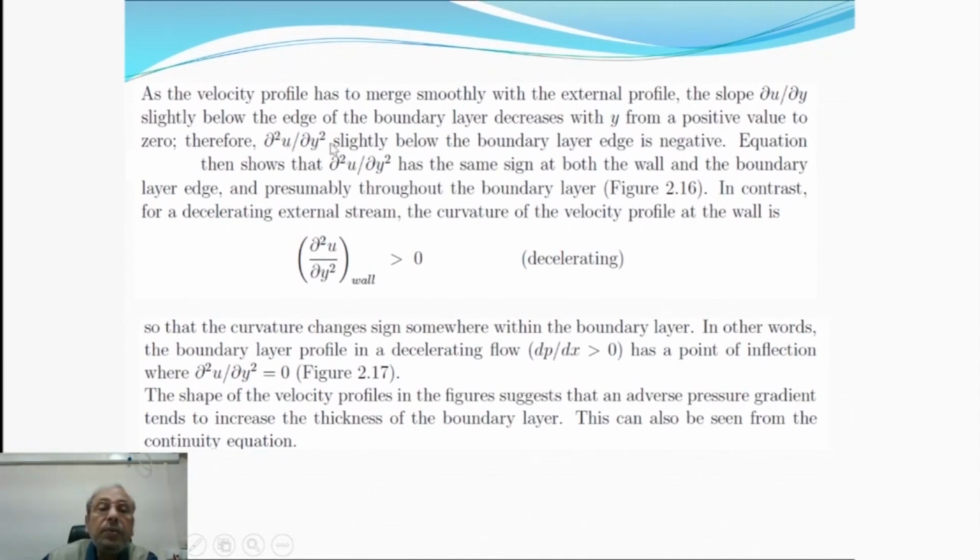Therefore, ∂²u/∂y² slightly below the boundary layer edge is negative. The equation which we showed then shows ∂²u/∂y² has the same sign at both the wall and the boundary layer edge, and presumably throughout the boundary layer.